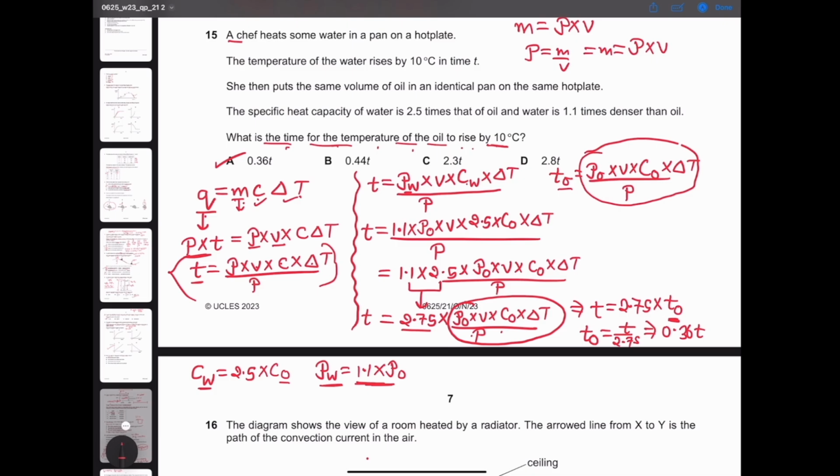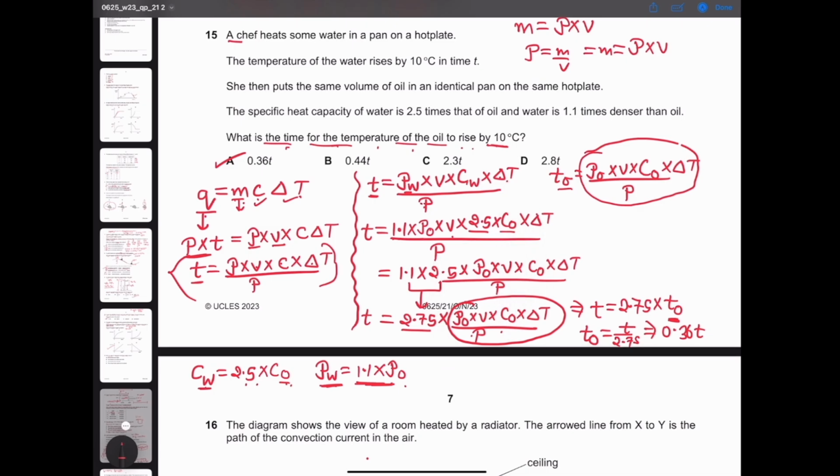So I wrote down the equation for water and we knew it took time T. So T is equal to density of water, volume is same, specific heat capacity of water into delta T is same for both, by power, which is same for both as well. Then we knew these relations: density of water is 1.1 times density of oil. So we wrote 1.1 into density of oil here, then volume, then specific heat capacity of water is 2.5 times specific heat capacity of oil. So we wrote 2.5 times specific heat capacity of oil into delta T divided by power.